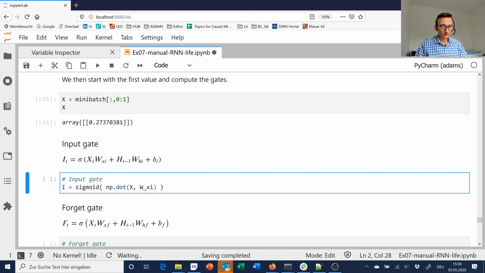And then we have another dot product, which has the previous hidden state. So that's H multiplied by WHI. And then we have some bias, which is just the bias corresponding to the input gate. That should be it.